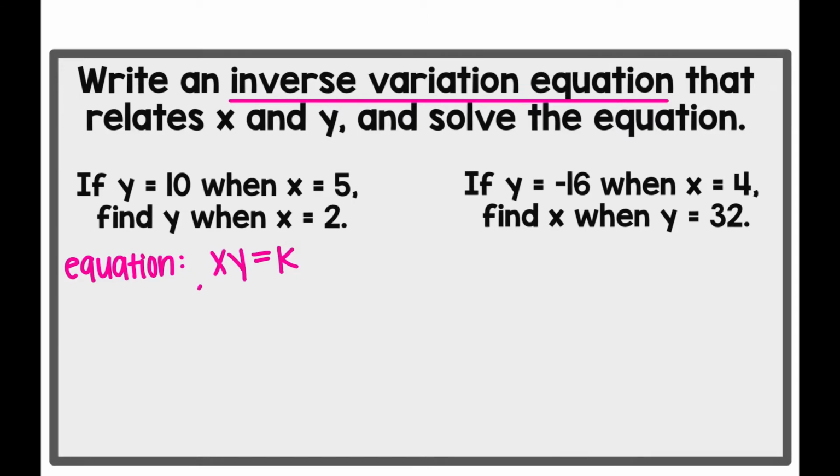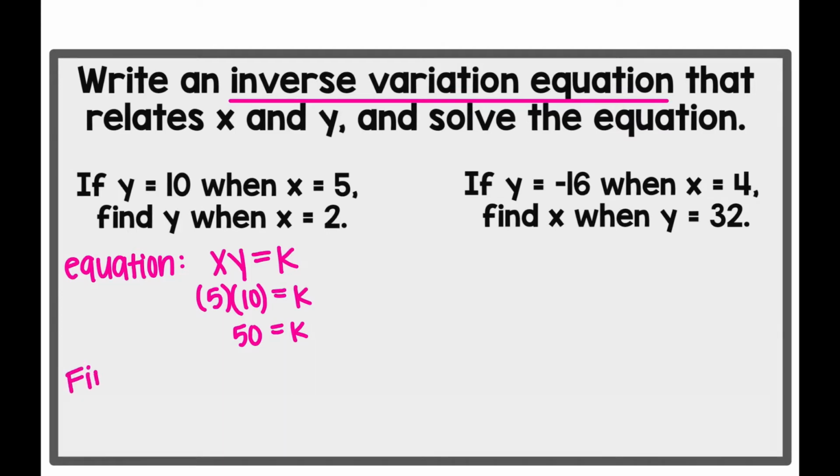If y is 10 when x is 5, what does x times y equal? Well, 5 times 10 is 50. So every x times y has to equal 50.